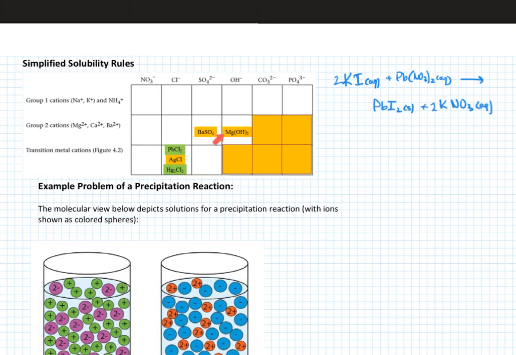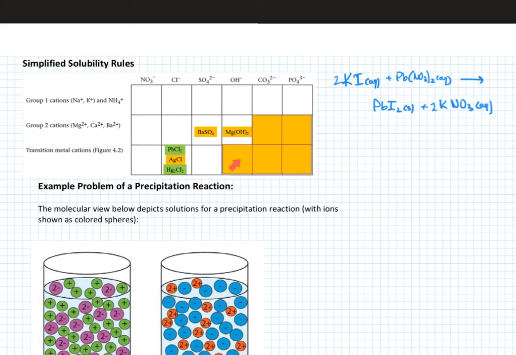Now, a couple other things to note. You might be saying to yourself, well, what are these other things here? So orange means insoluble. So as you see, most phosphates are insoluble, most carbonates are insoluble, and transition metal hydroxides are also insoluble. So the way we read across here is group 2 cations, alkaline earth, and then transition metals here.